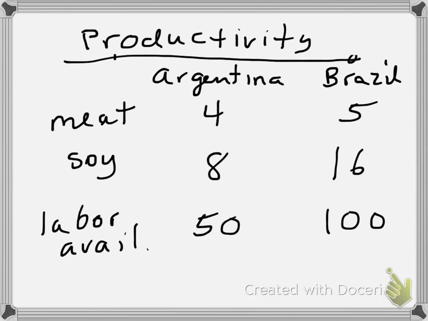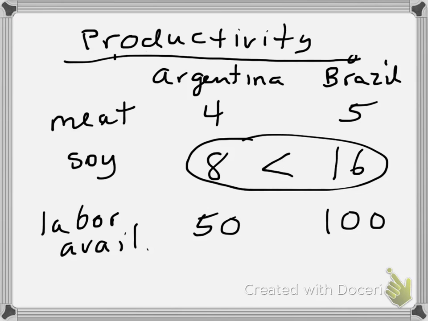We might ask, well, Argentina is worse at producing both. In which does it have a comparative advantage? And for that we're asking, in which one is it less bad? And again, here we see that it's very bad at producing soy.